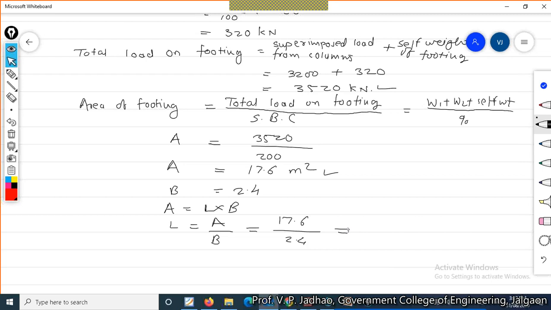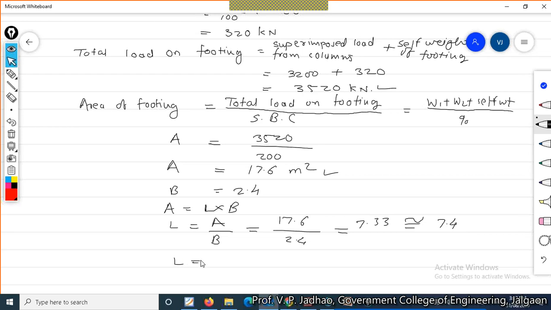Therefore, we get the length of footing as 7.33 meter. Let us consider this as 7.4 meter, just rounding off.